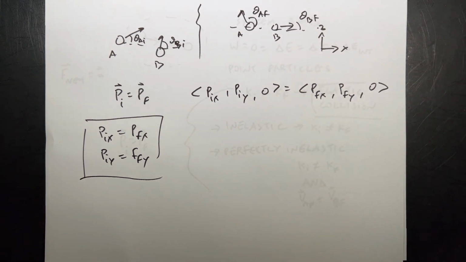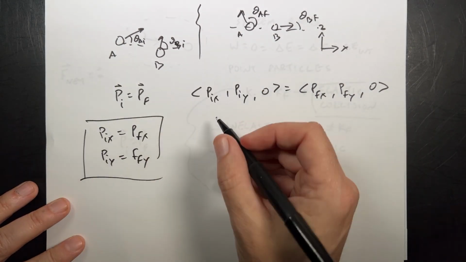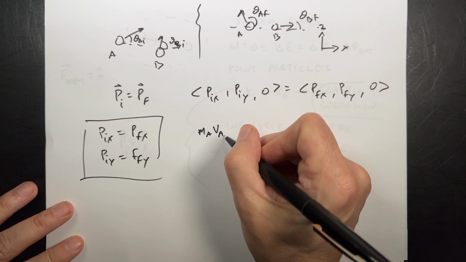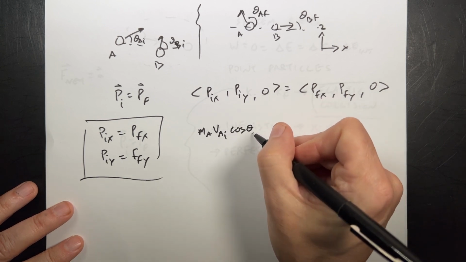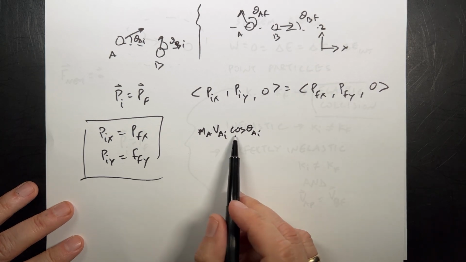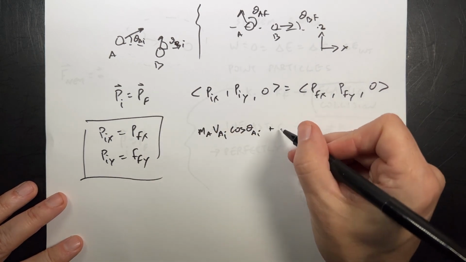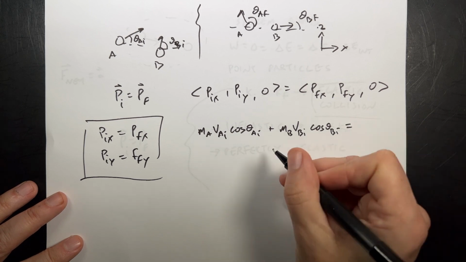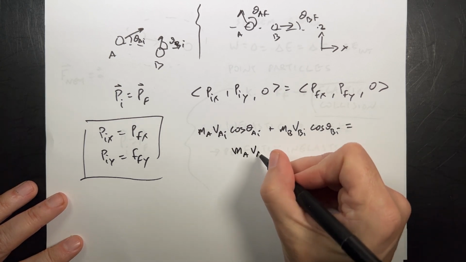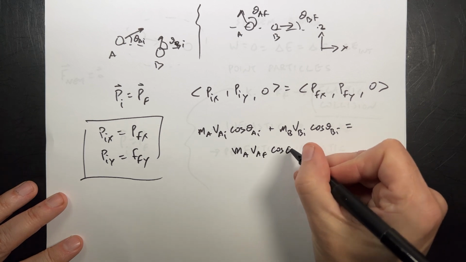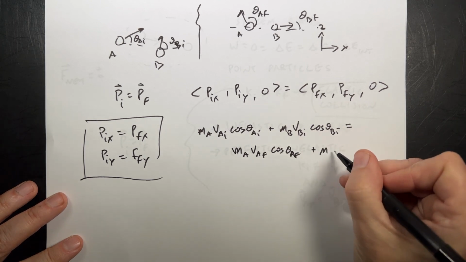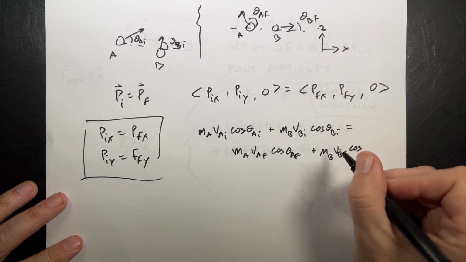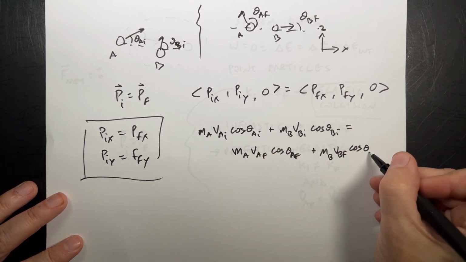I have all these angles, and they may be easy, but in general, I can write the initial X momentum as mass A, velocity A initial magnitude times cosine of theta A initial, if these are all measured with respect to the X-axis, plus M B V B initial cosine theta B initial, equals M A V A final cosine theta A final plus M B V B final cosine theta B final. These are all X components.